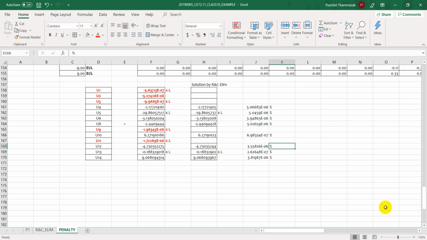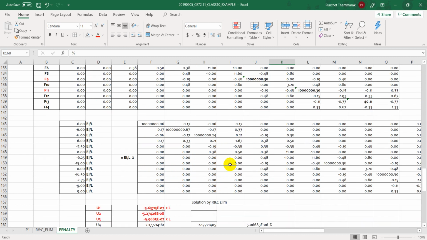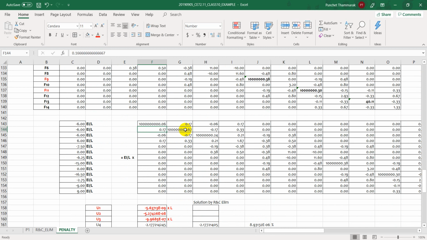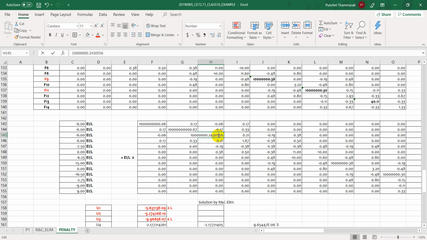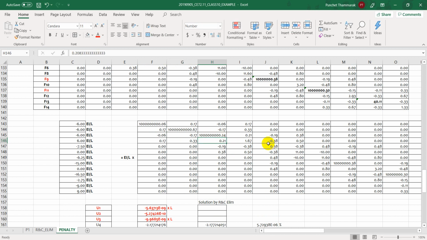Okay, and if you increase the stiffness, for example, I put a little more, double zero in there, double zero in there, double zero in there.